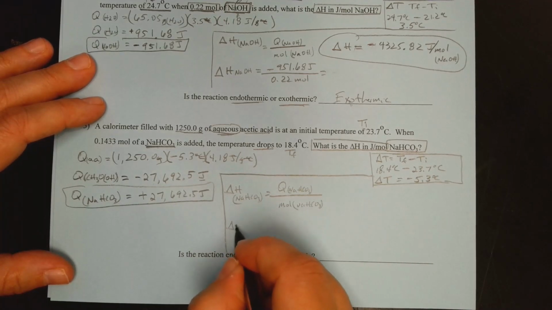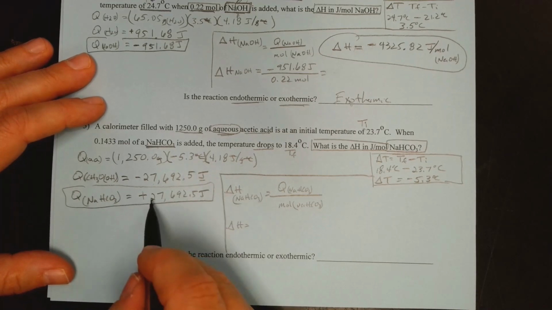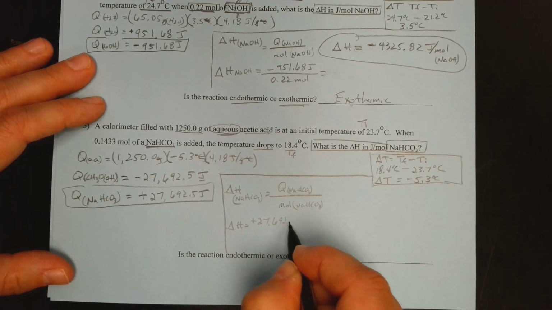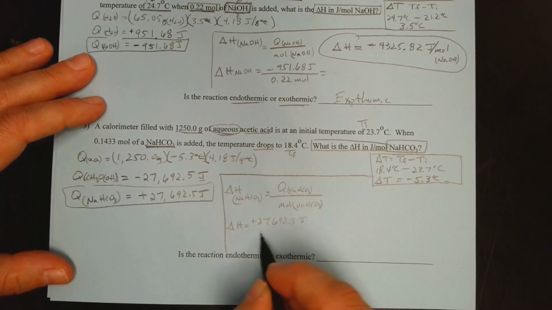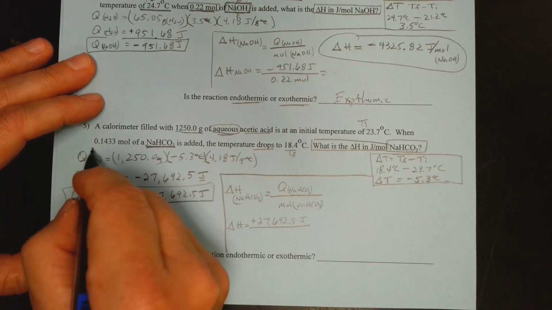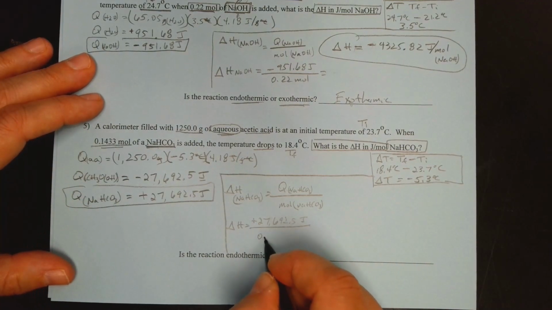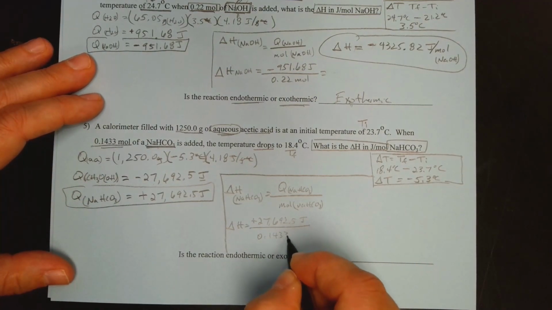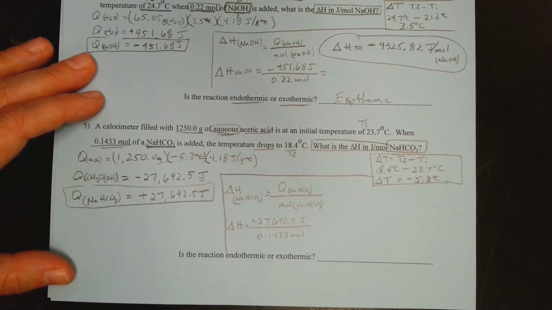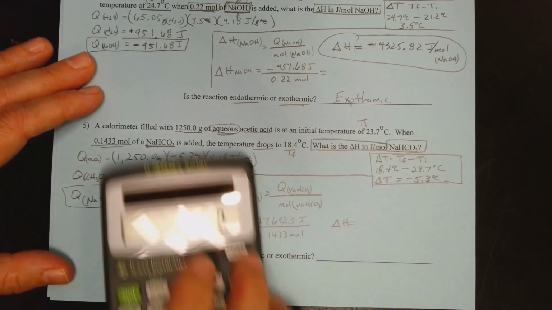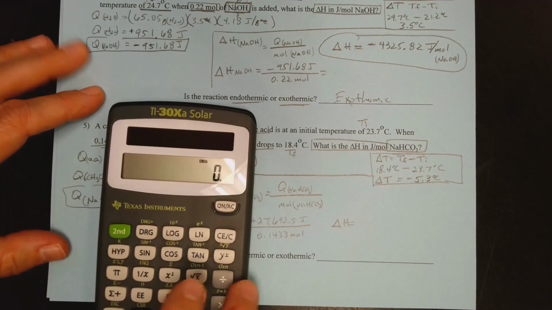So what that means is our delta H is going to be equal to this quantity, positive 27,692.5 joules over, and I'm going to use that quantity right there for my moles down at the bottom, 0.1433 moles. And if I do the math on that, my delta H equals, let's go ahead and do the math on that.